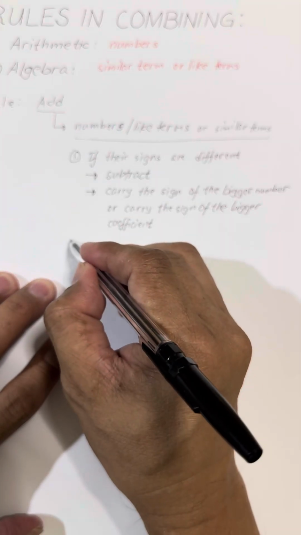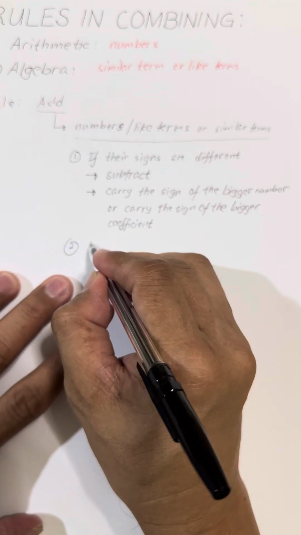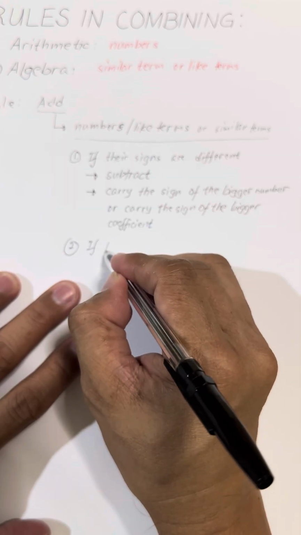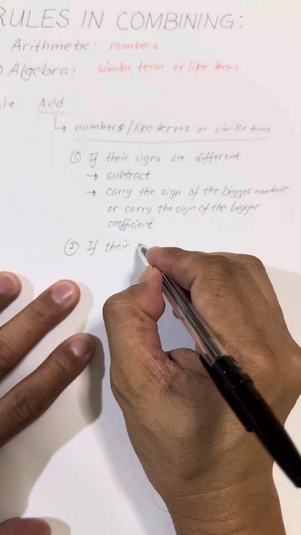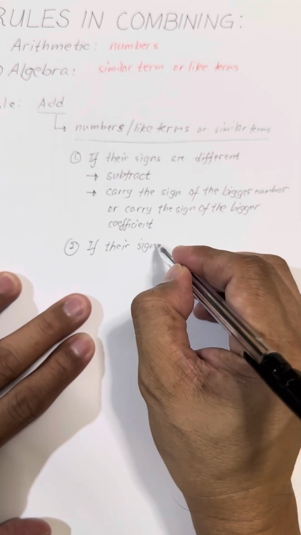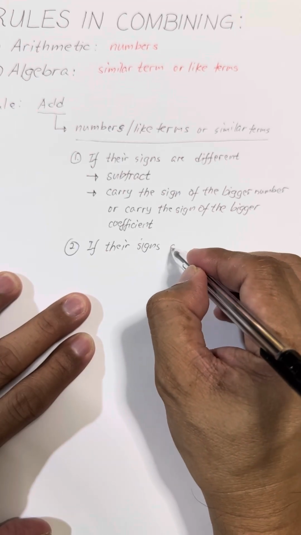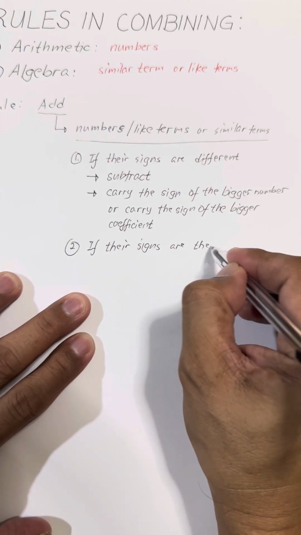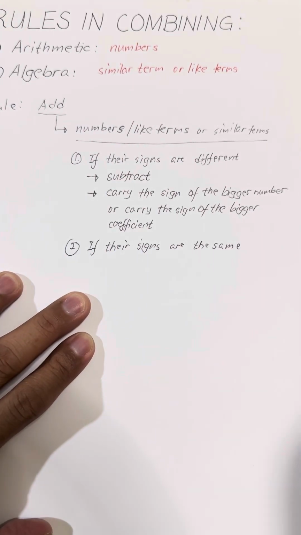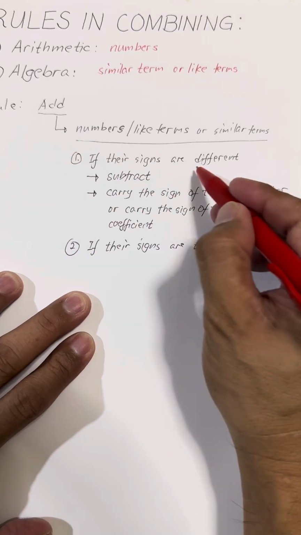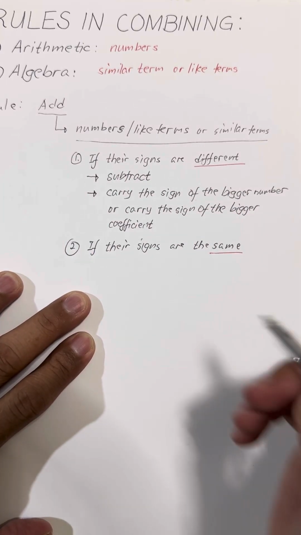The second rule is if their signs, meaning the signs of the numbers or the signs of the terms, are the same. So this time the signs are the same, a while ago they were different. What shall we do if they are the same?